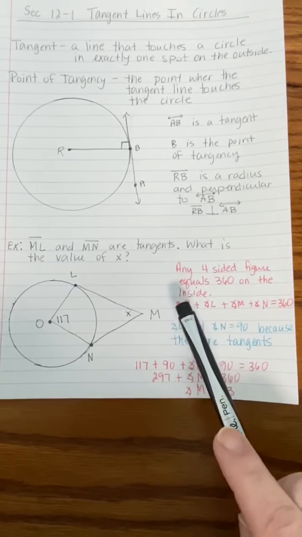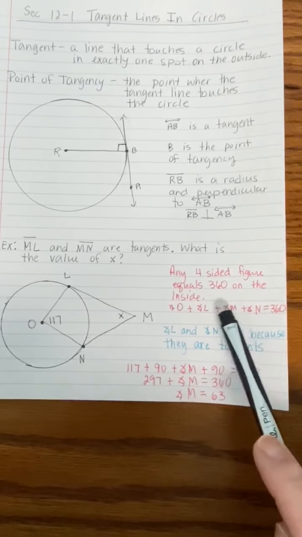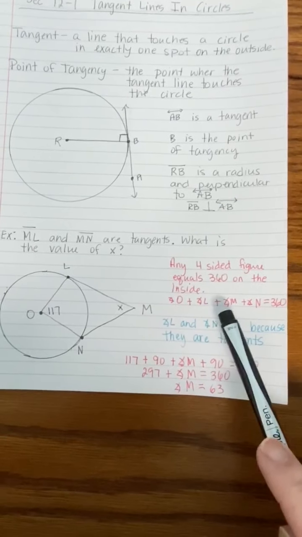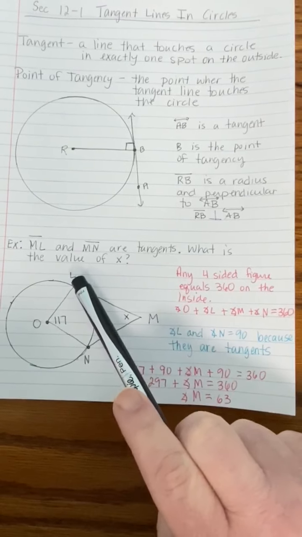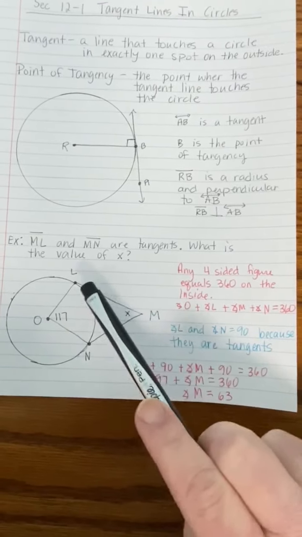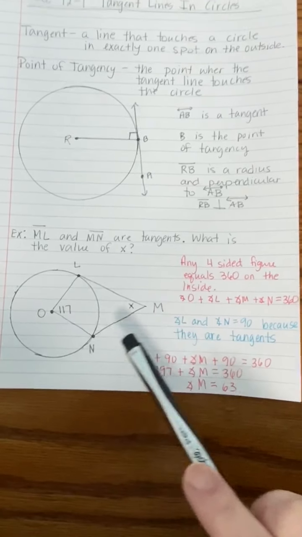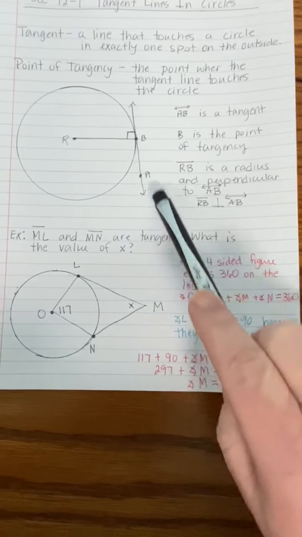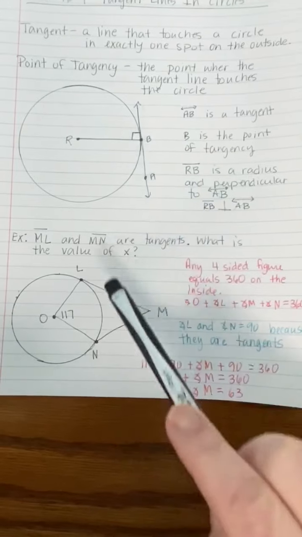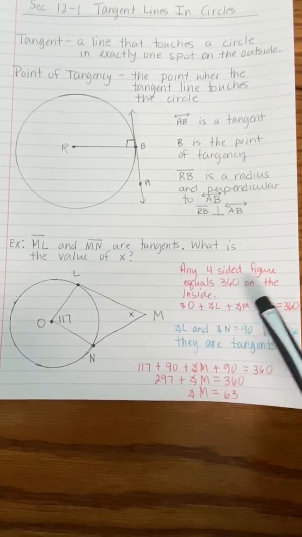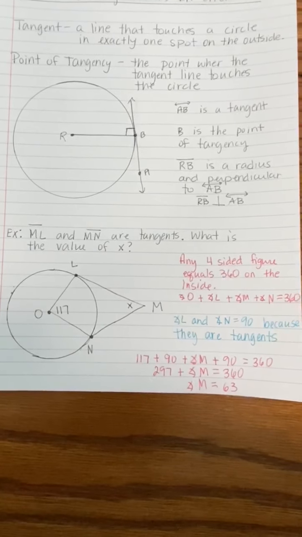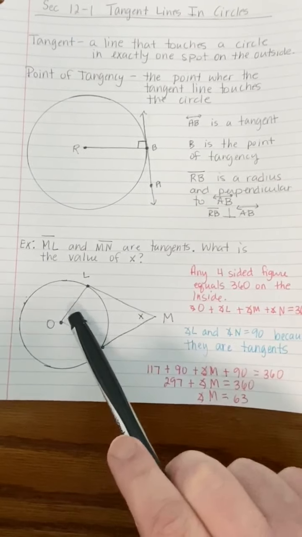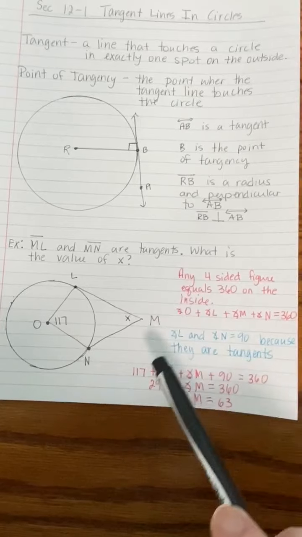Now I'm going to replace 3 of the 4 angles with their actual measurements. I told you a minute ago that since these are tangent lines, angle L and angle N are going to be 90 degrees, because of this definition right here. So I'm going to replace angle L and angle N with 90. And then they're telling me that angle O is equal to 117.